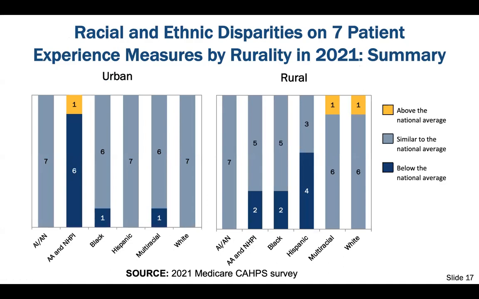Here's a comparison where you take these same racial and ethnic comparisons to the national average, and then you stratify them by urban and rural residents. The point of reference, I should say, in the urban chart on the left is the national average for everybody who lives in an urban area.